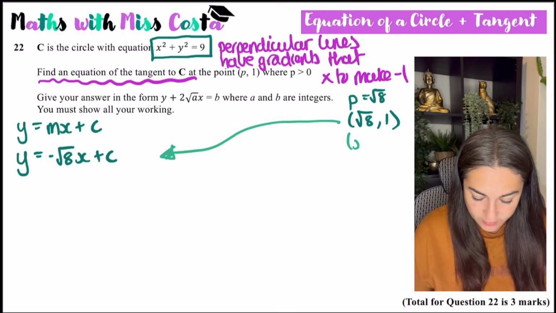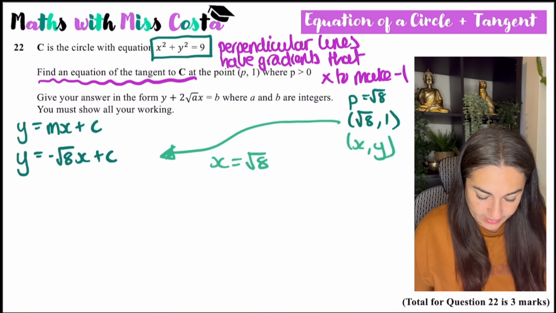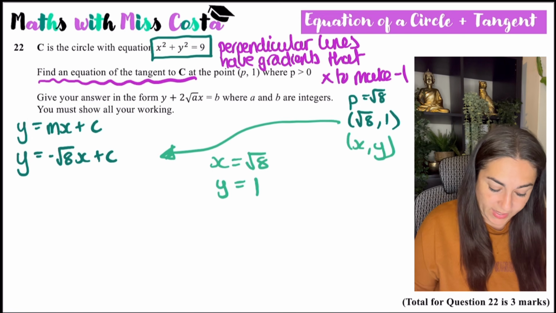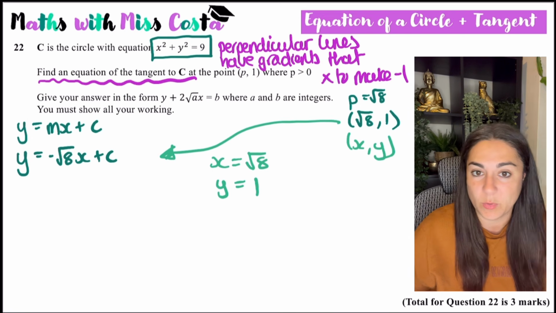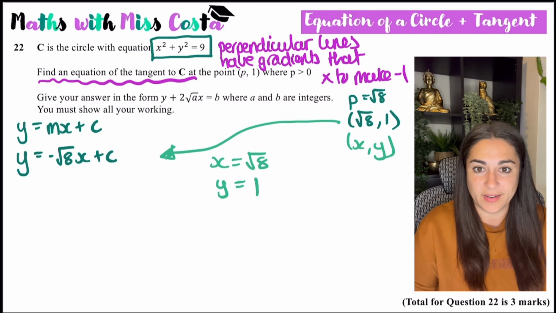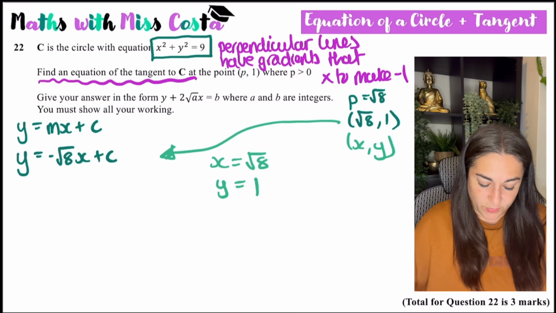So I know that for this line, when x is root 8, y is 1. So I can substitute that in to work out what c must be. That's what we do with equations of a line. If we know an x and y coordinate on the line, you can plug it in and use that to work out the y-intercept.